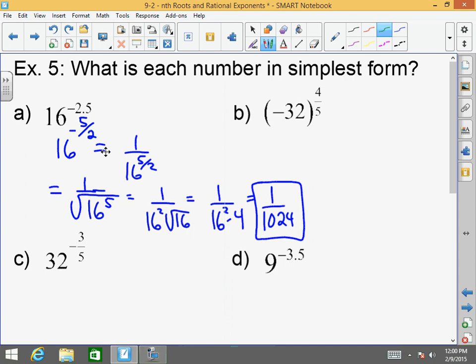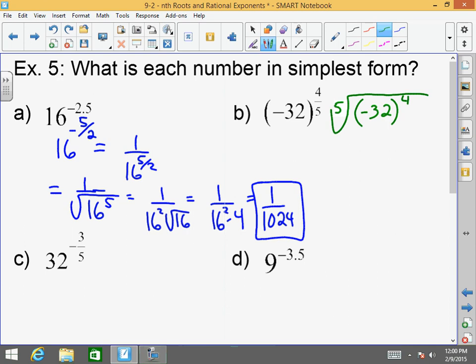I've got negative 32 to the 4/5. Well, this is the 5th root of negative 32 to the fourth power. I have no worries here that it's going to be negative because I have an odd index.